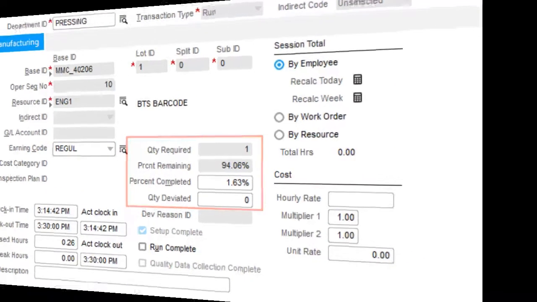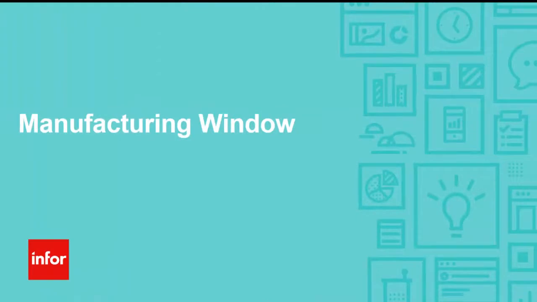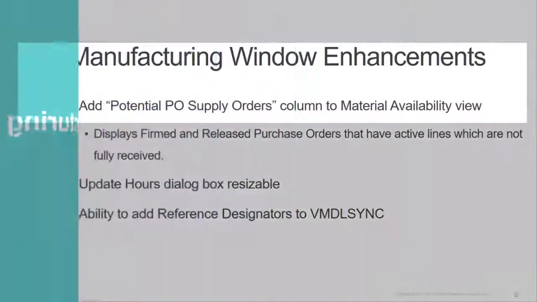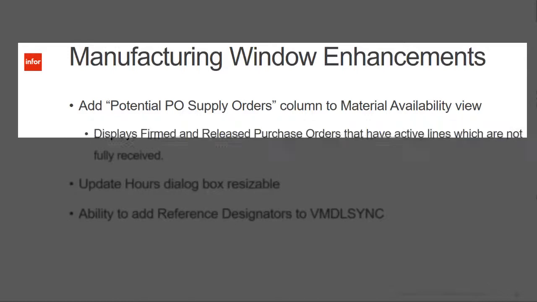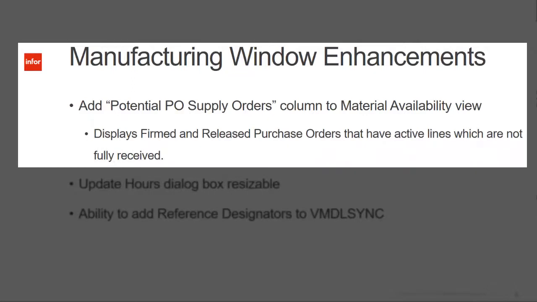Now we can review a few enhancements that impact the manufacturing window. First, there was an enhancement request to add potential PO supply orders to the material availability view inside the manufacturing window. This will display firm and release purchase orders that have active lines that are not fully received.